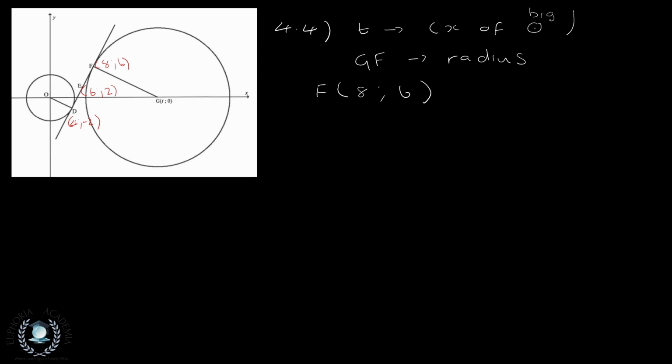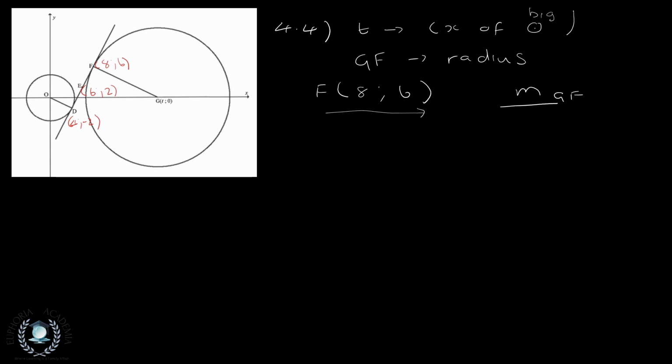So essentially, if we're asked to find t, what could help us is substituting this point and another value that in our case is easy to find, which would be the gradient of the line GF.